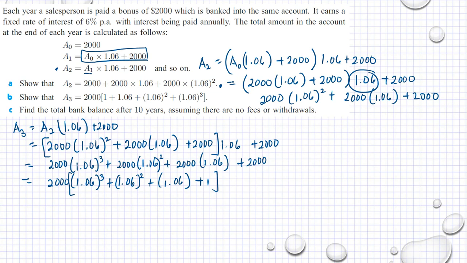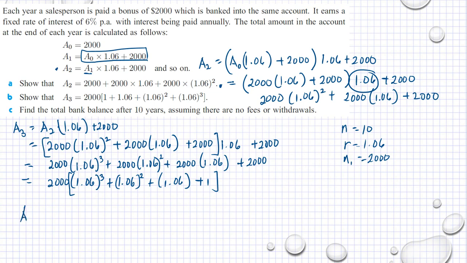Okay, find the total balance after 10 years, assuming there are no fees or withdrawals. Then we need to know our n, that is 10 years, our r is 1.06, and then our u sub 1 is equal to 2,000, or A sub 0.